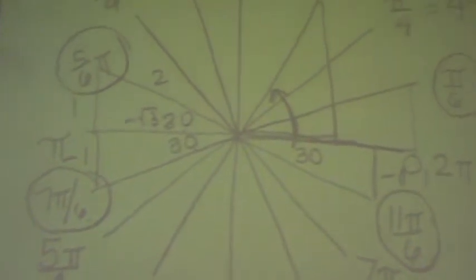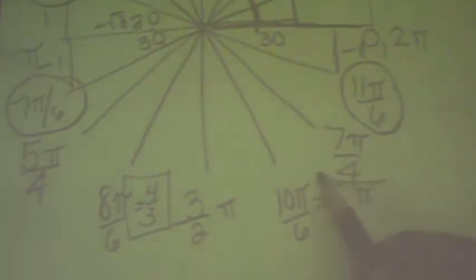So, now check out the 60s. Check this out. Pi over 3, 2 pi over 3, 4 pi over 3, and 5 pi over 3. What do you notice about that? So I'm going to do it here on a separate sheet because it's kind of messy. So back to my circle. This was pi over 3. What was that? 60.